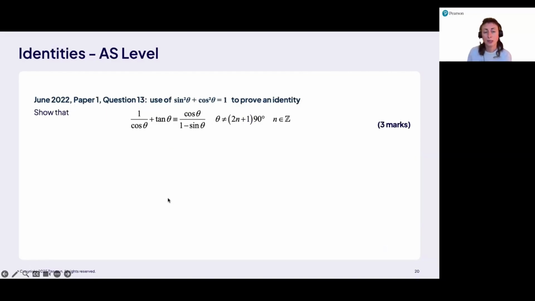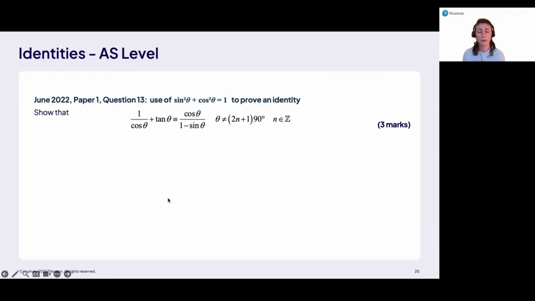Another type of question is a little bit different. So rather than solving here, we're proving an identity. So again, how can you get your students to think about this? Looking at the angles, they're the same on both sides. I'm noticing that there's a tan on the left and there isn't a tan on the right. My personal preference is to work with the left-hand side. You can get marks from going right to left.